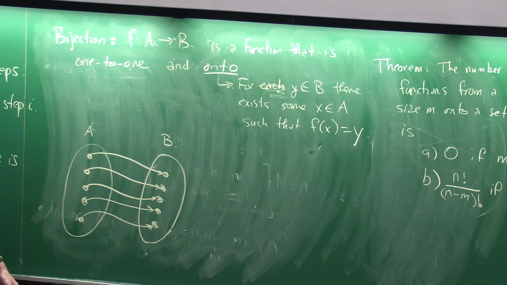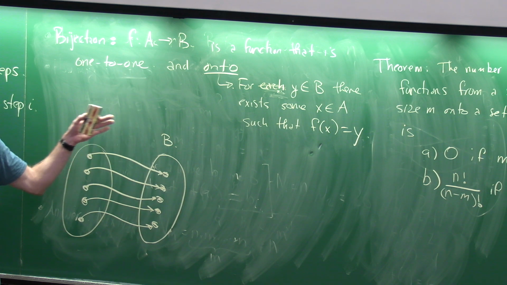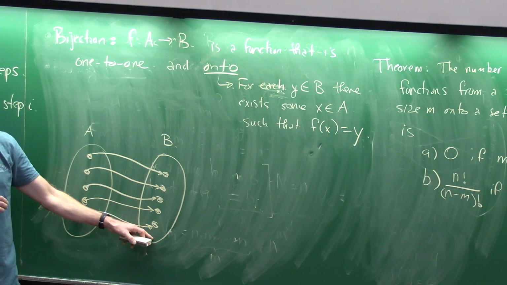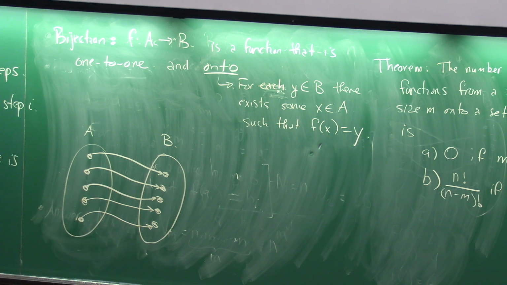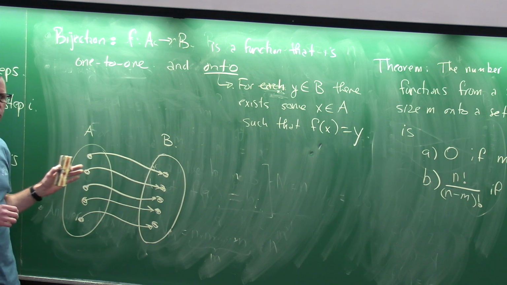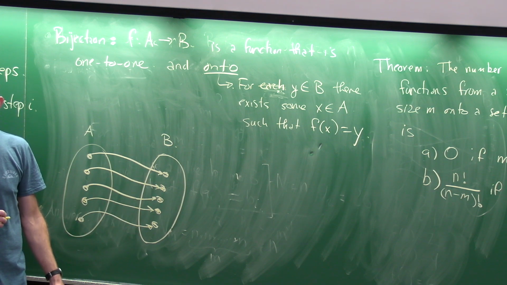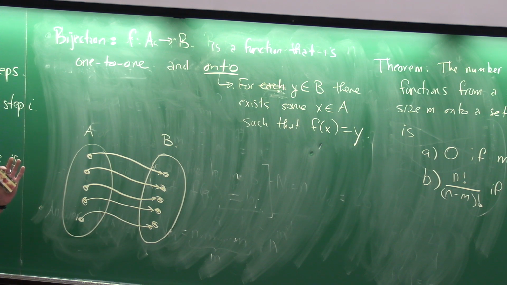So whenever there's a bijection from A onto B, that means that A and B are the same size. That's because we already decided that you can't be one-to-one if B is smaller than A. On the other hand, if B is bigger than A, then you can't be onto because there's not enough things coming out of A to hit everything in B. So the only possibility is that A and B are the same size. So that's the bijection rule.